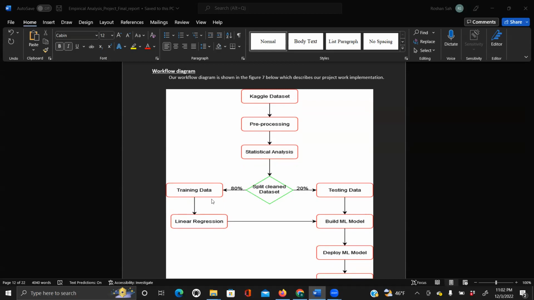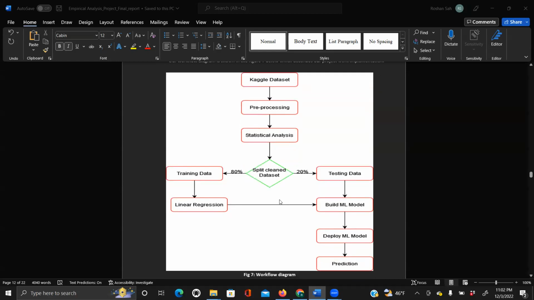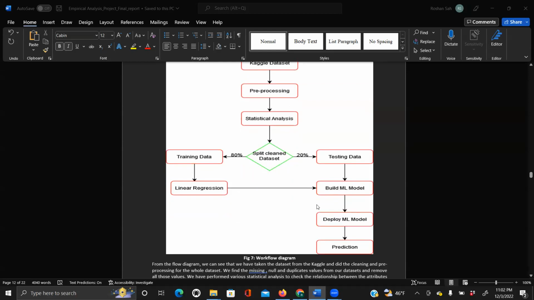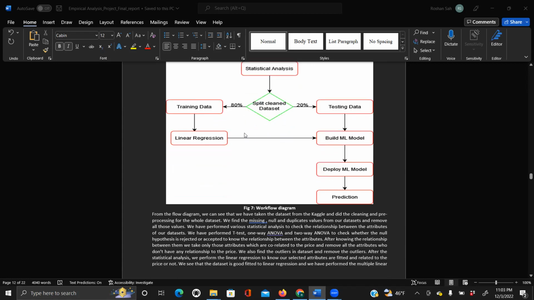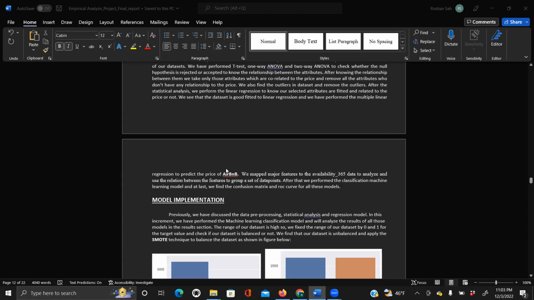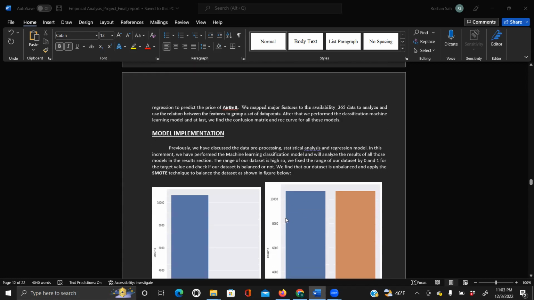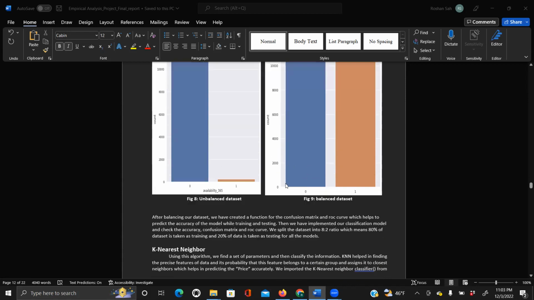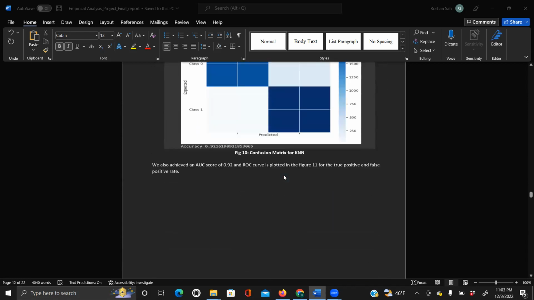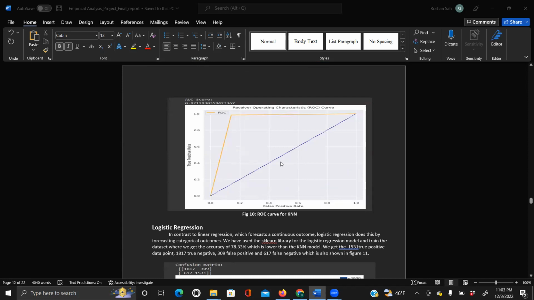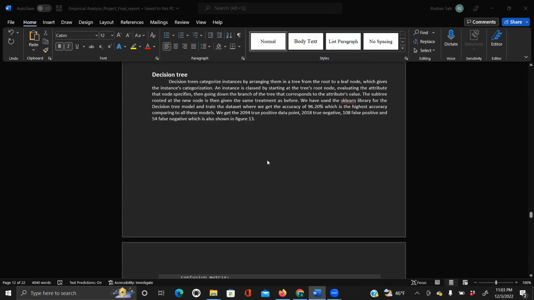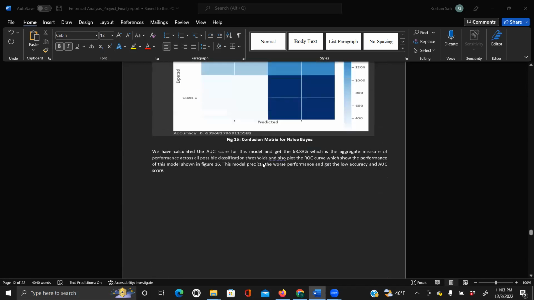Then we perform the linear regression and then build the classification model, and after building we deploy the model and get the prediction. This is the whole work of our project, and this is the implementation part. As I mentioned, we balance our data set, then my friend Yamuna will continue from there in the result and discussion part at the end.